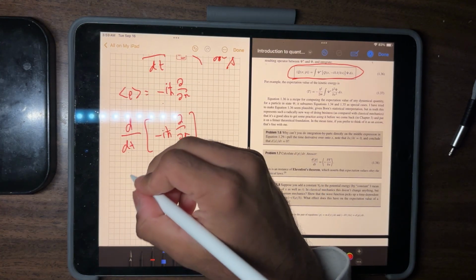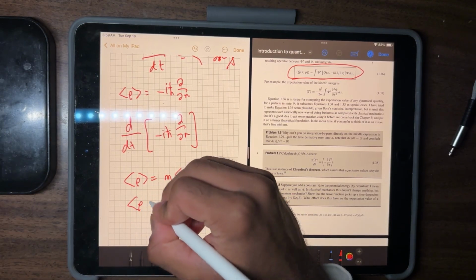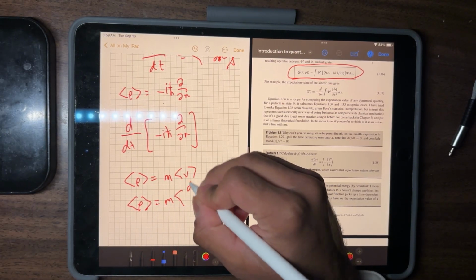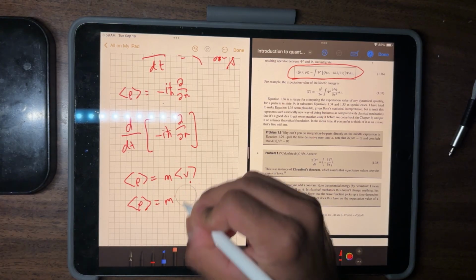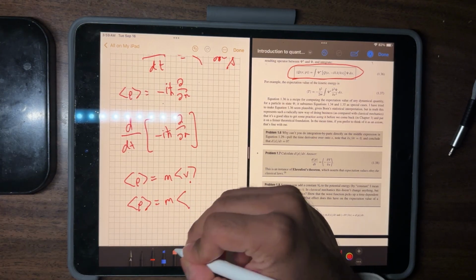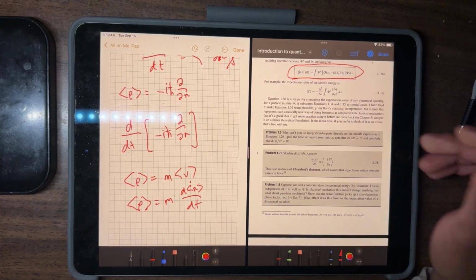What is the expectation value of p? It is m times the expectation value of v, which is m d expectation value of x by dt.